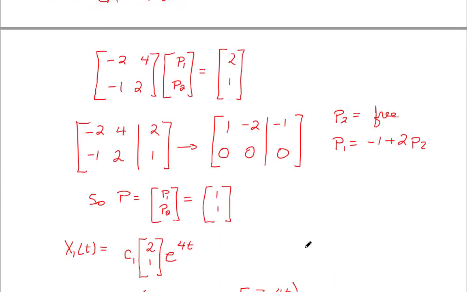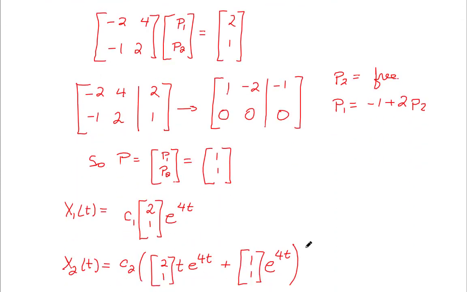Alright, so that means I need to solve this equation. Alright, which is not too difficult to solve. I get a row of zeros fairly quickly, and so I get P2 is free and P1 is minus 1 plus 2P2.